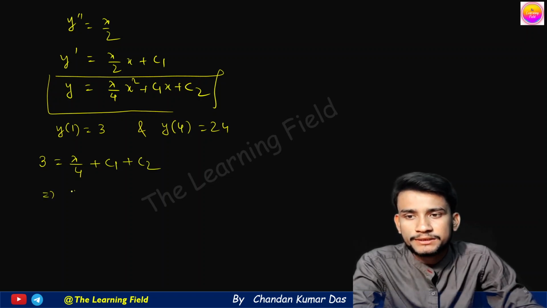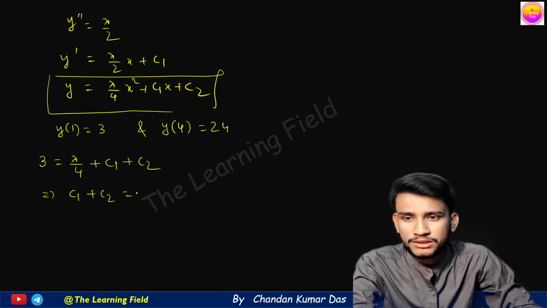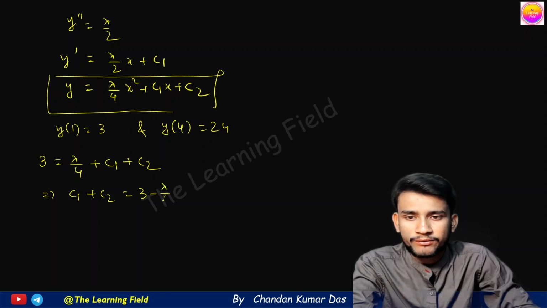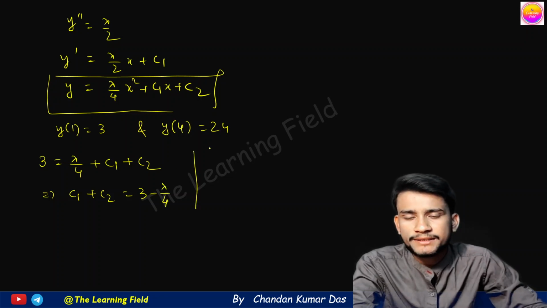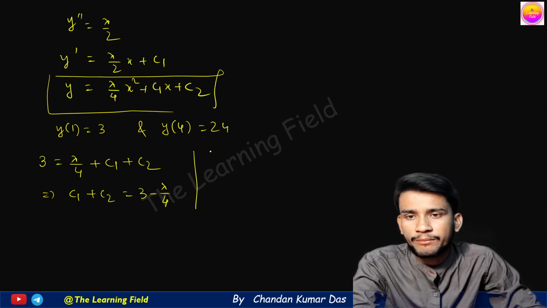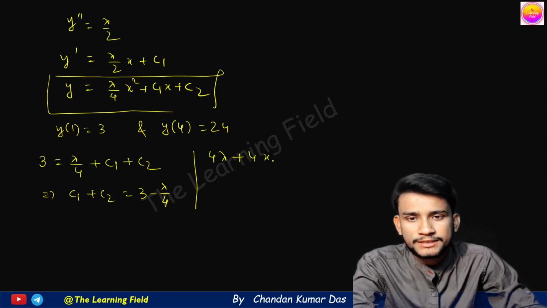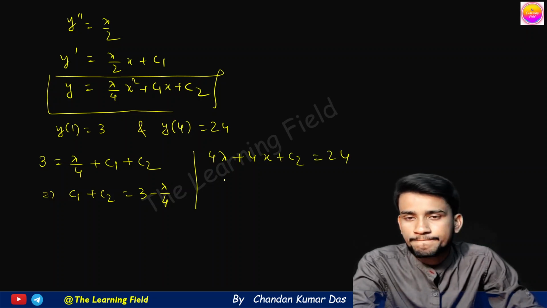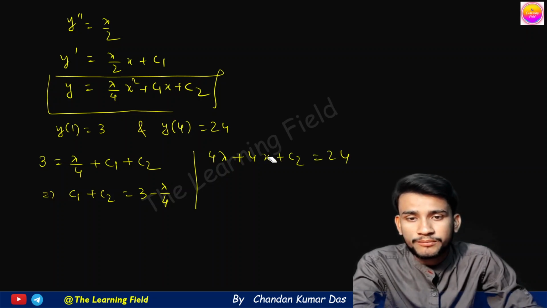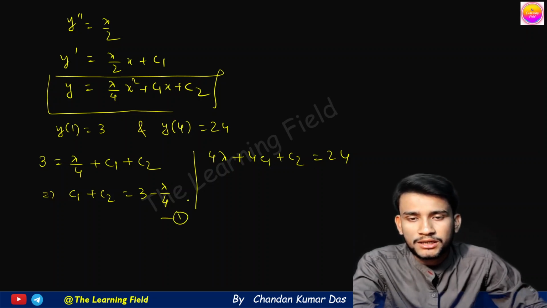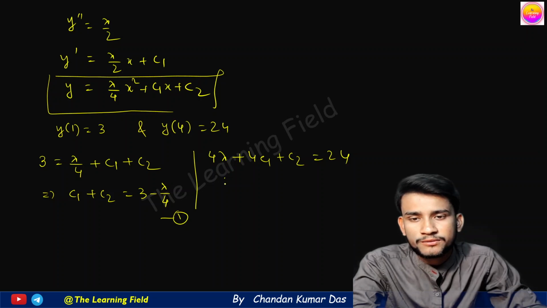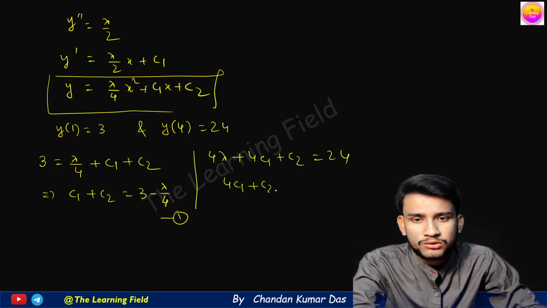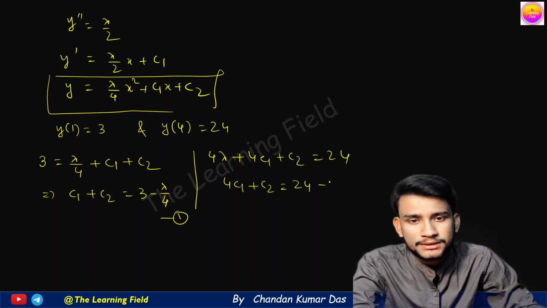That means we get c1 plus c2 is equal to 3 minus lambda by 4. And applying the second condition, we get lambda by 4 into 16, so 4 lambda, plus 4 c1 plus c2 is equal to 24. So 4 c1 plus c2 is equal to 24 minus 4 lambda.